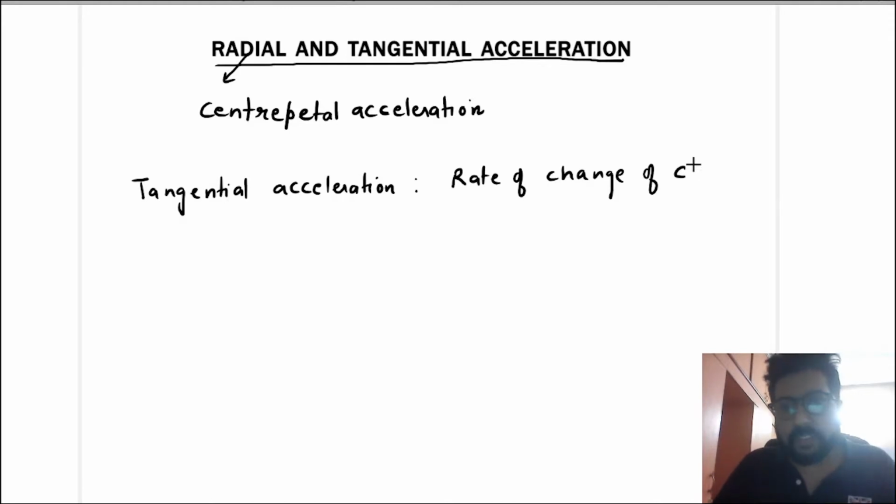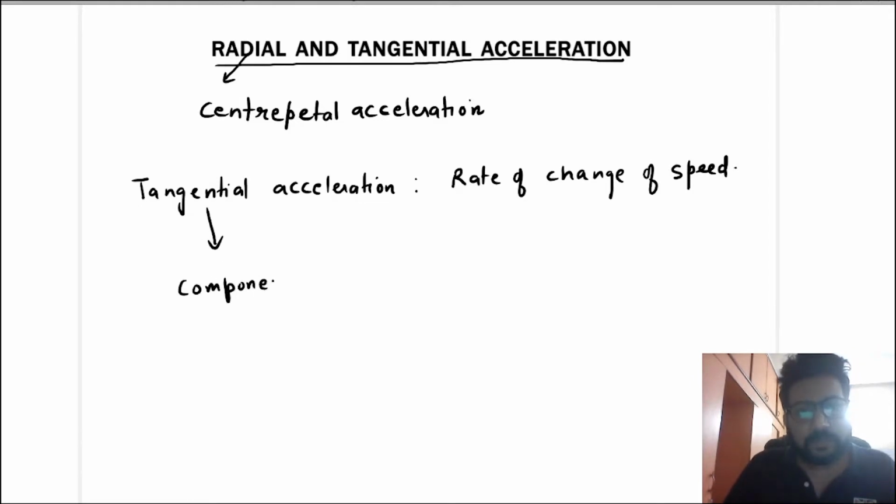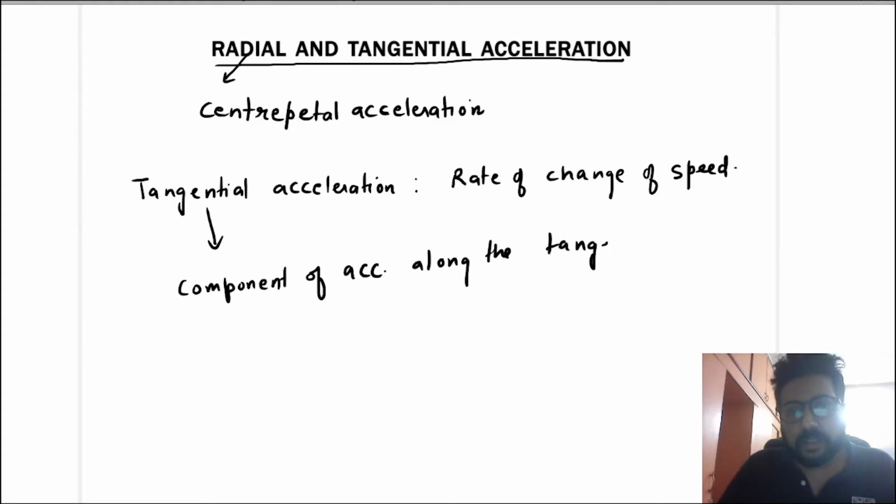Rate of change of speed in a circular motion is the tangential acceleration, or you can say it is the component of acceleration along the tangent. So the direction of tangential acceleration is along the tangent. Tangential acceleration is represented by a_t.